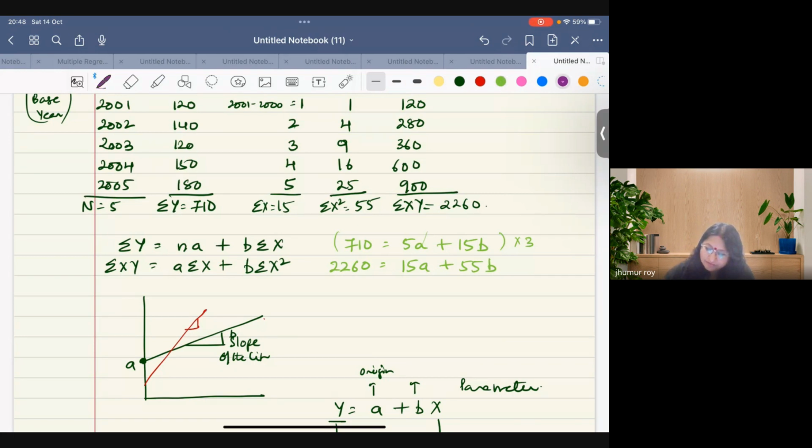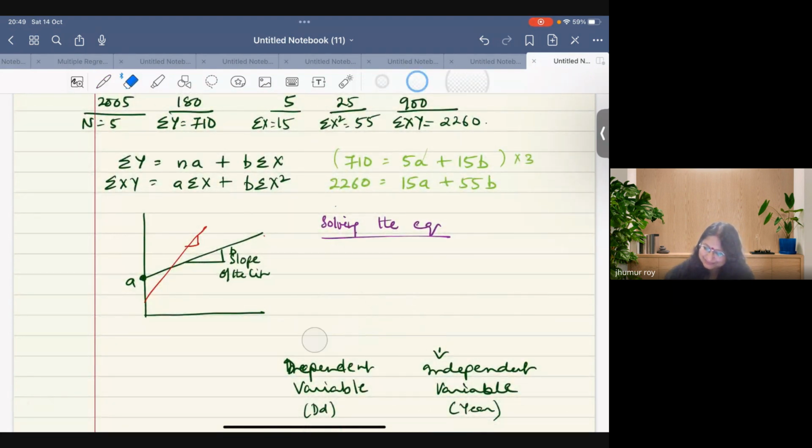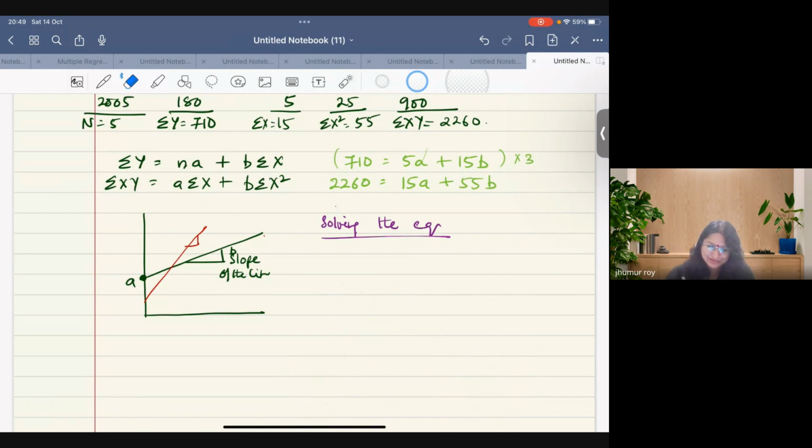So when you solve these two equations, because I think all of you know how to solve simultaneous equations, that is not something I need to teach. So you'll get the value of A as equal to 103. You can solve it and cross check whether you're getting the same answers or not.